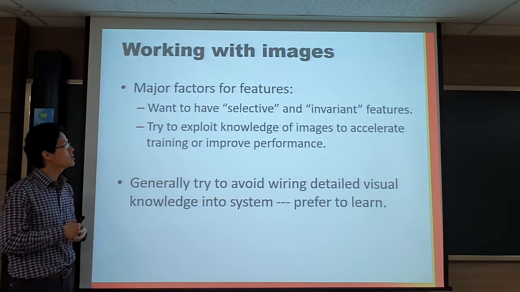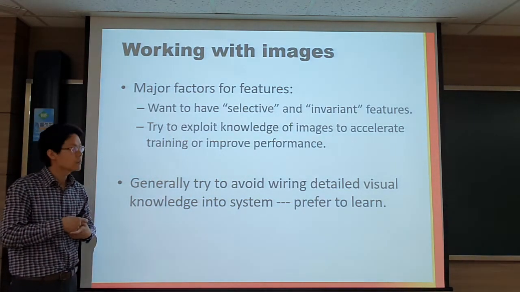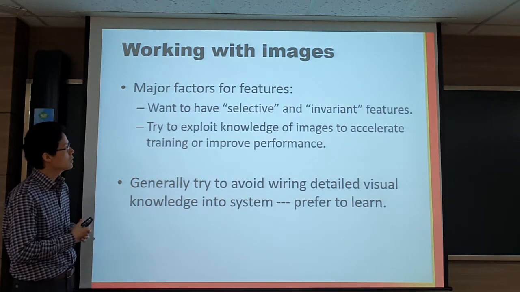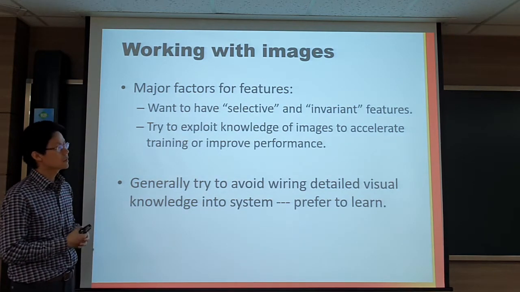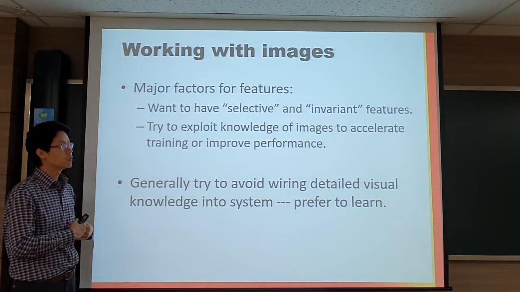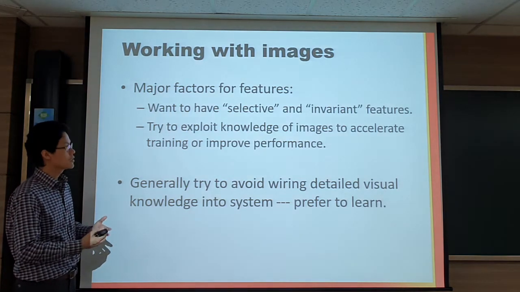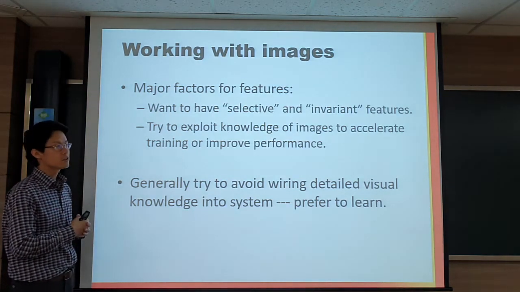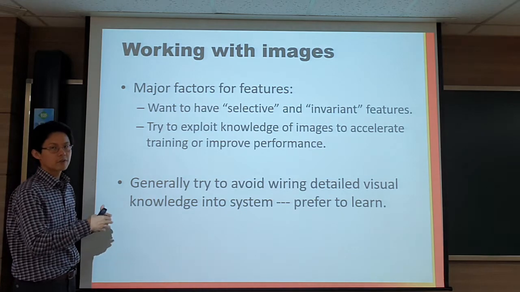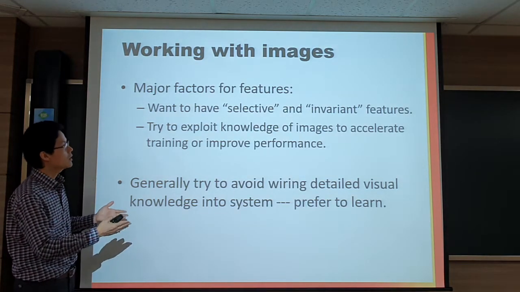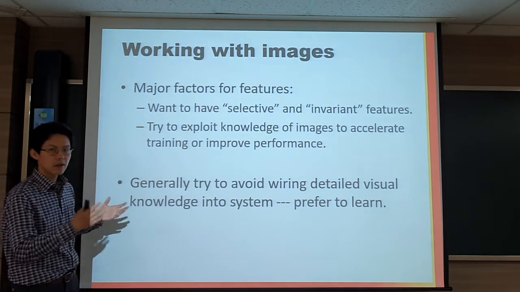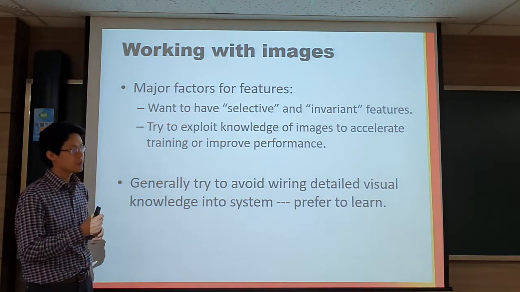And then we can just use the deep neural net to extract those features. But if you look at the development of the deep neural net, and also the CNN, some of the techniques that turn out to work very well for the deep neural net actually borrow from classical image processing or computer vision techniques.